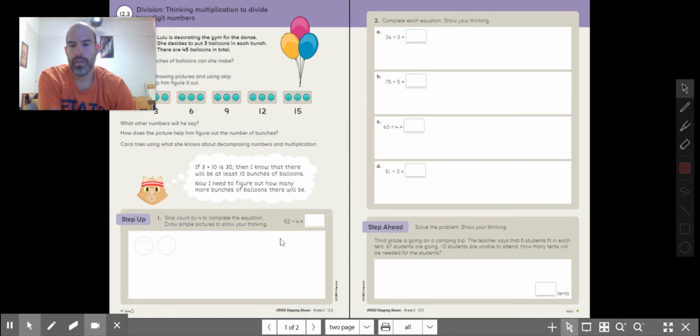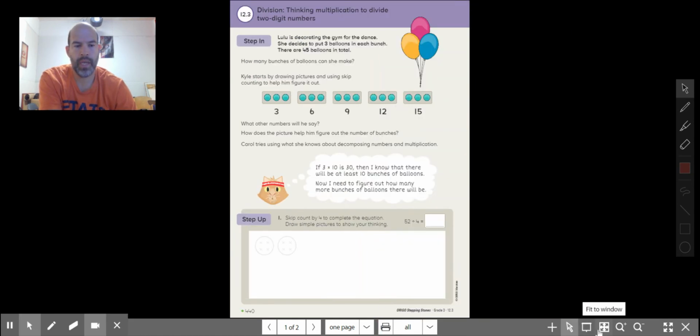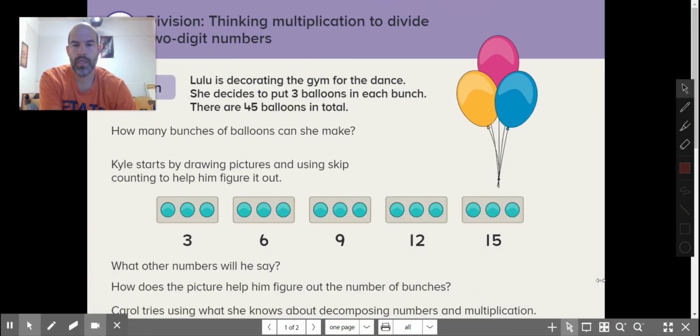So in your math books, you're going to find we have these pages in our lesson today. Sorry, again, my internet's taking a little while to load our page. Okay, so down here, let's go ahead and go to the single page view, and I'm going to zoom in for us.